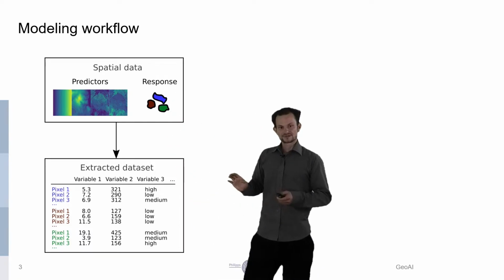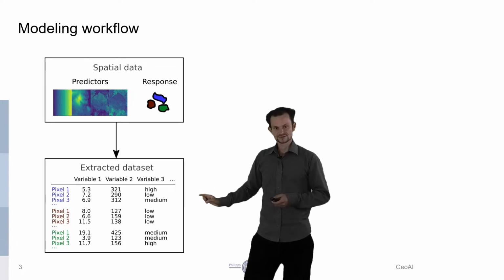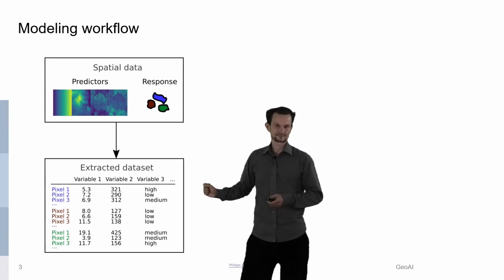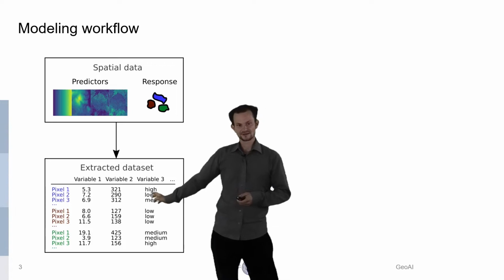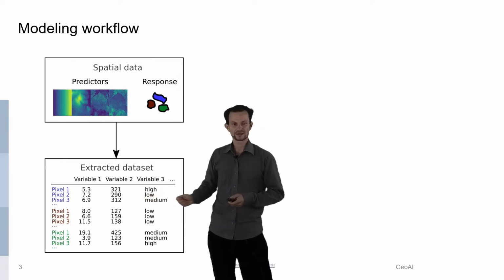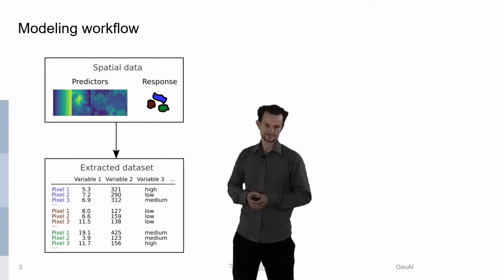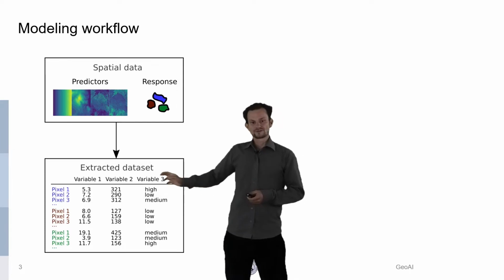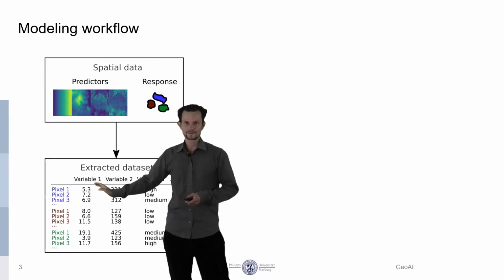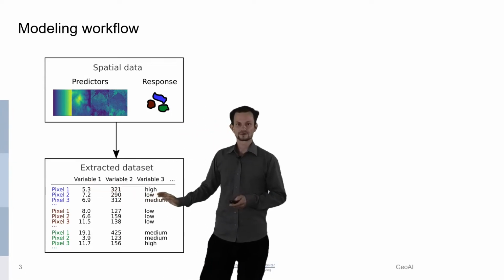So we end up with a table in which the rows represent pixels and columns the predictors. The cells of the table are the values of the predictors at the location of each pixel. So note that these values can have different data types, for example, numeric, integer, or categorical.